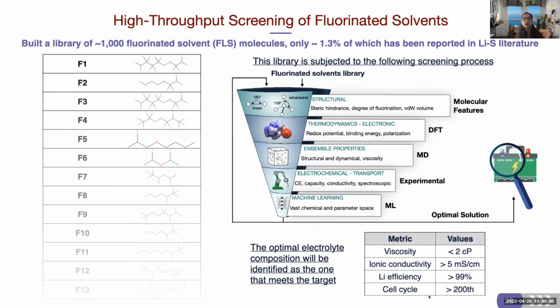Okay. So our approach is to perform a high throughput screening based on several different factors: the structural features of the molecules, their thermodynamic and electronic properties, their ensemble properties, and finally a validation from experiments, and also developing machine learning models in the process.